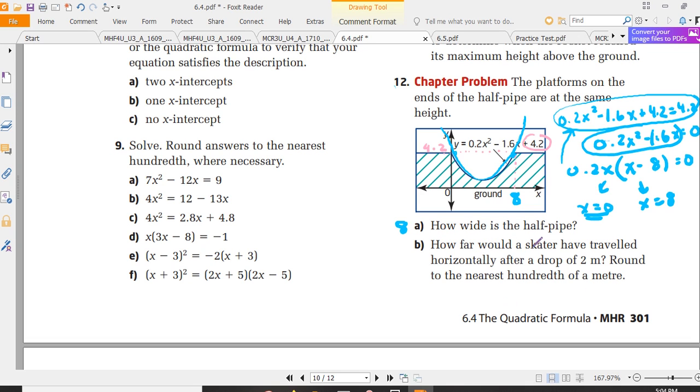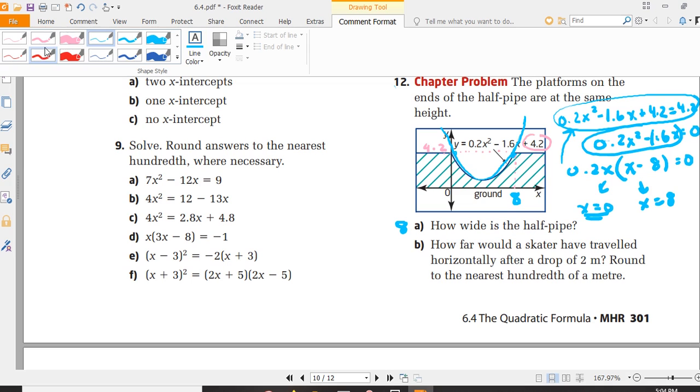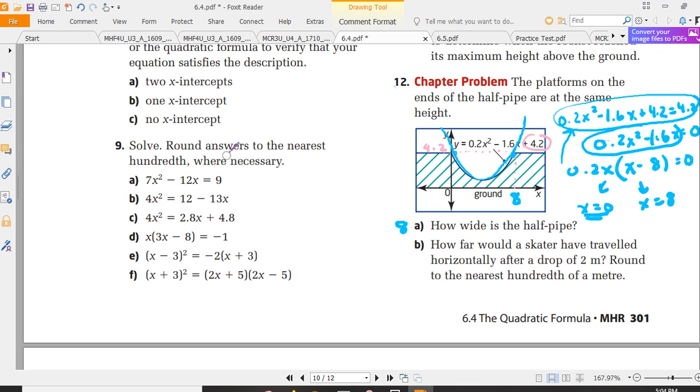Part B. How far would a skater have traveled horizontally after a drop of 2 meters? Round to the nearest hundredth of a meter. So what it's saying is, we know that we start at 4.2, and at some point I'm going to drop 2 meters.